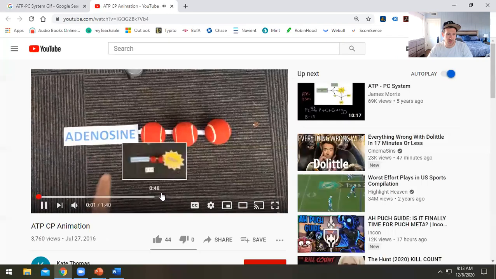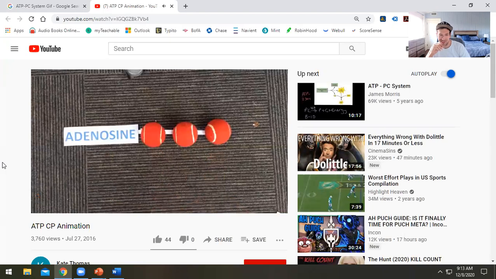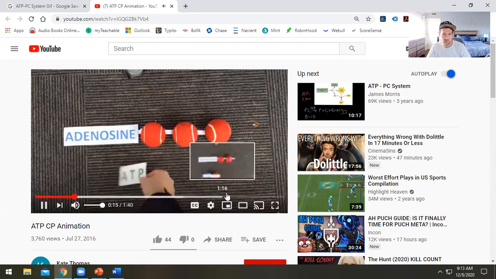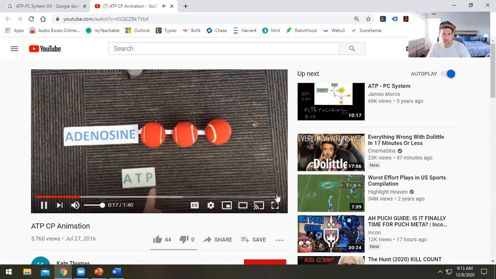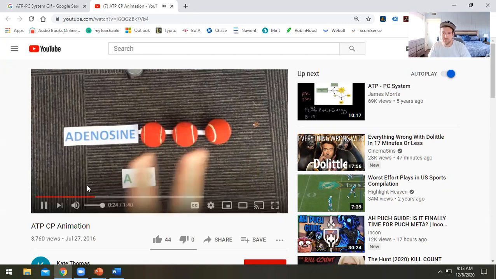As you can see here, we have our adenosine molecule. And this is kind of funny because it's on a carpet. Attached, these phosphate groups are joined together by high intensity bonds. This is known as adenosine triphosphate, or for short, ATP. The easy way to remember this is tri is the prefix for 3.